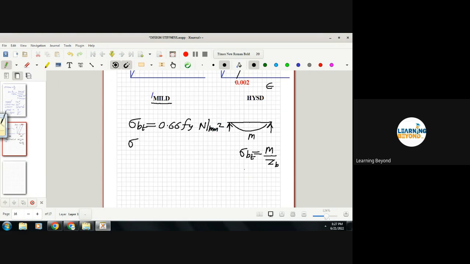If there is a rod like this with pure tension, as in the first example we took, that means it is an axial tension. It is not bending tension, it is purely axial tension. This was bending tension, sigma bt. The tension caused due to moment is bending tension, so the stress is bending stress.